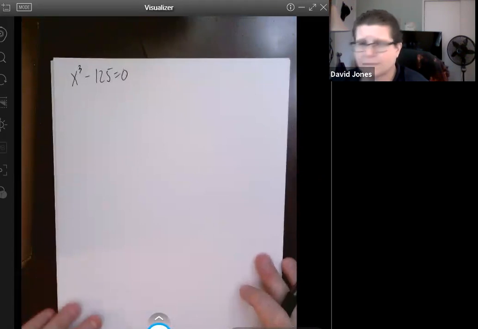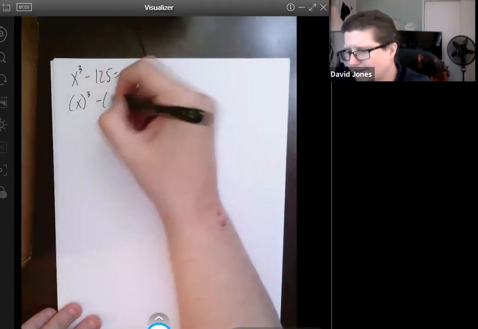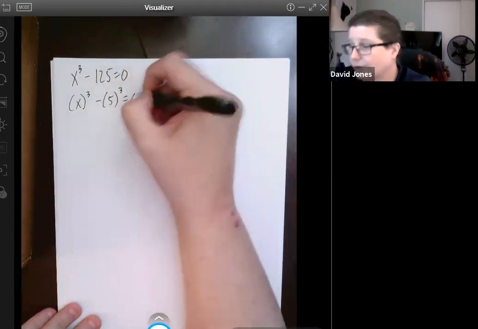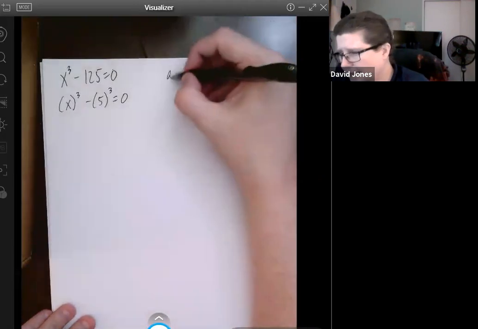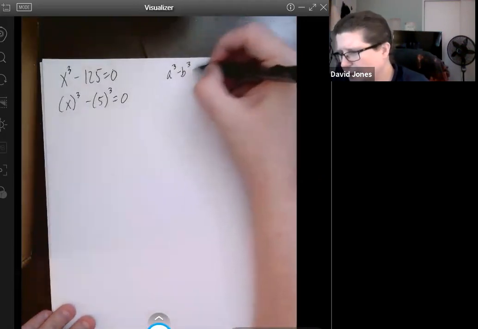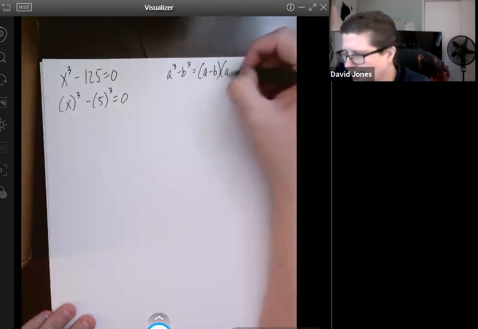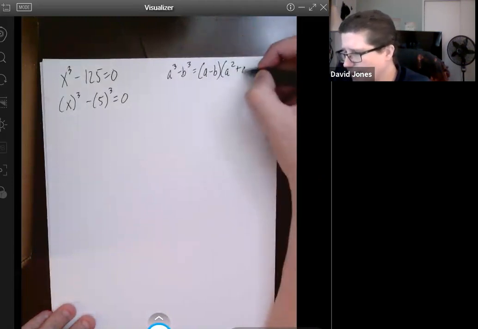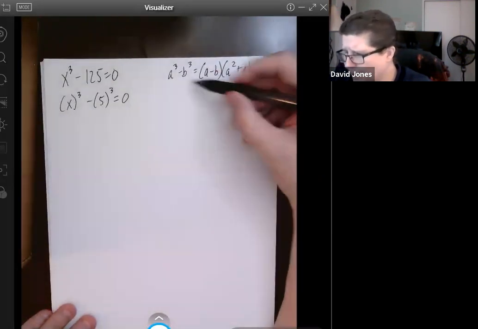This is like x cubed minus 5 cubed equals 0. Well, remember, a cubed minus b cubed, we did this in the review section, is a minus b times a squared plus ab plus b squared. So I can apply that here.